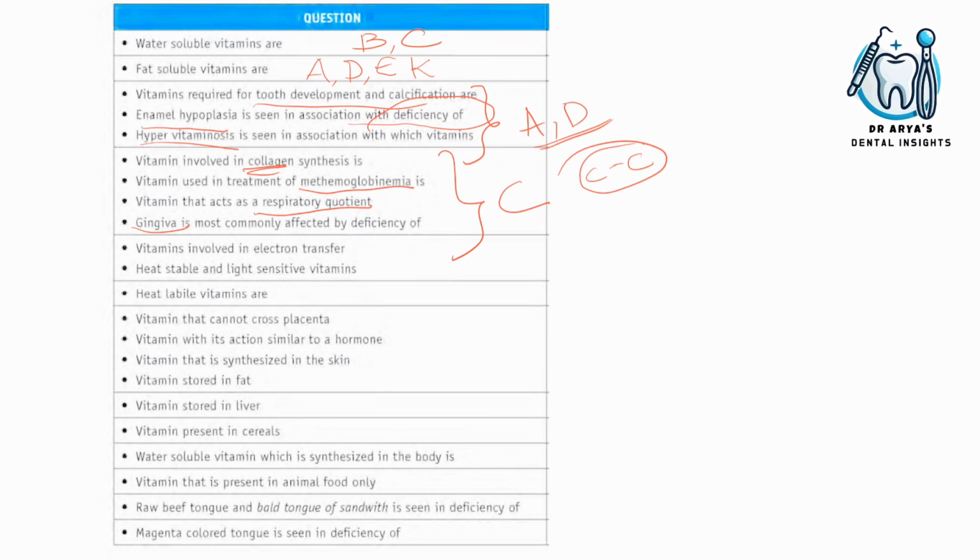Then coming to the next question: vitamins involved in electron transfer, and also heat stable and light sensitive.